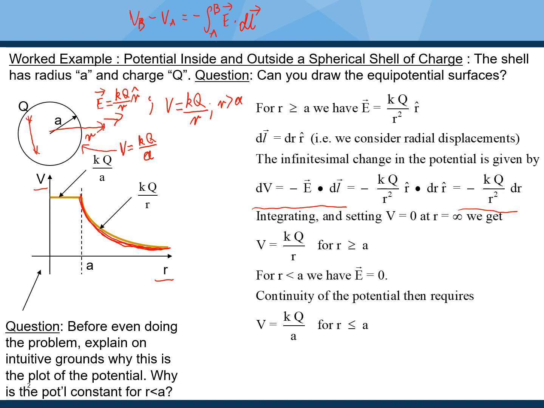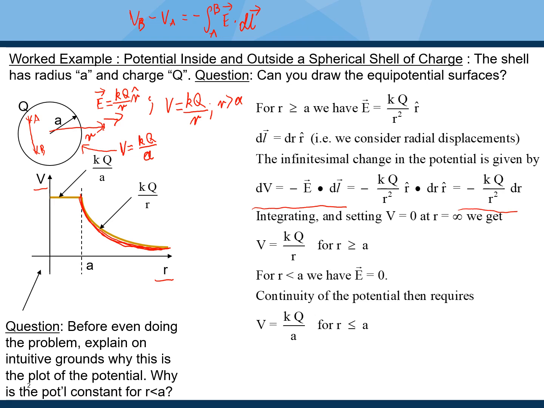So if this is the point A and this is the point B, we realize that because the electric field inside the spherical shell is exactly zero, then the potential difference between any one point and any other point inside the sphere must be exactly equal to zero.